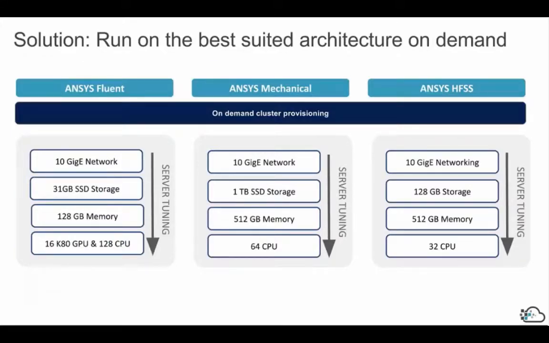Maybe you're running ANSYS Mechanical, where you would like to use a large memory node to access in a single node. Or maybe you're running HFSS, where you want to run with fewer nodes and with a 10 gig network. So there's a wide variety of architectures you can choose, and we're going to show you in the demo. You can actually pick the most appropriate cluster based on the simulation you're interested in.